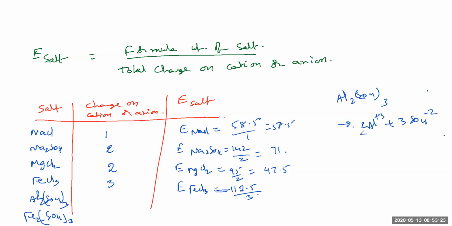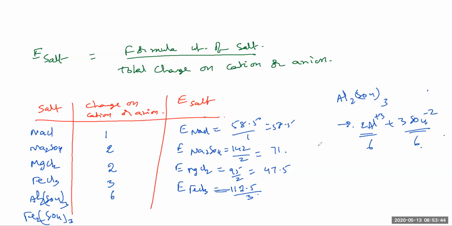That means the total quantity of positive charge is 6, and the total quantity of negative charge is also 6. So I have to take 6.